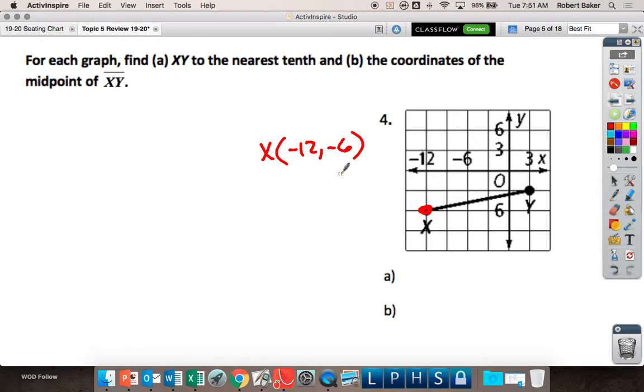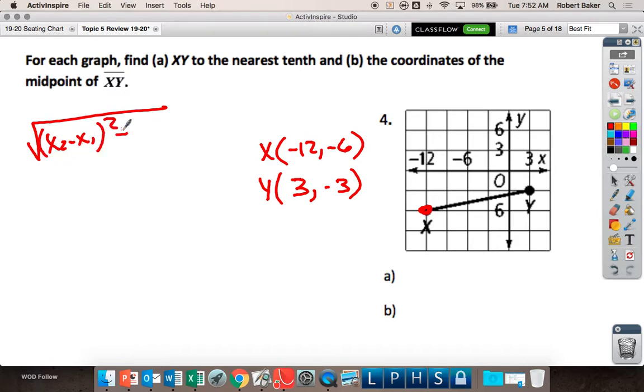Y is at, be careful, the graph is really weird, 3 to the right and 3 down. So you need to take those points and use the distance formula to find the distance from X to Y, and we're trying to find the midpoint between X and Y.